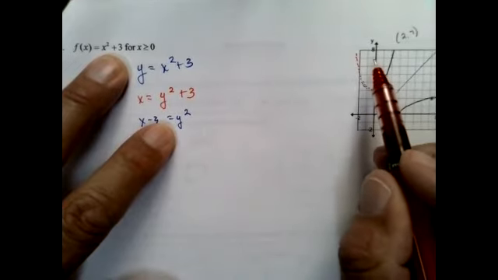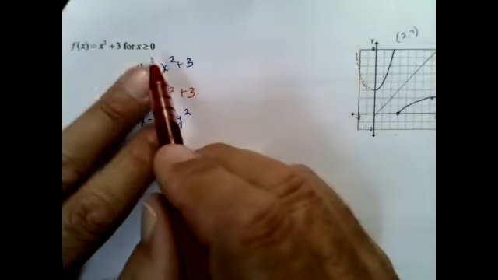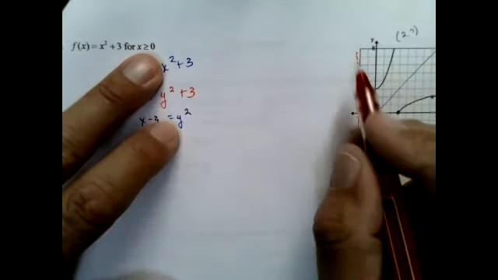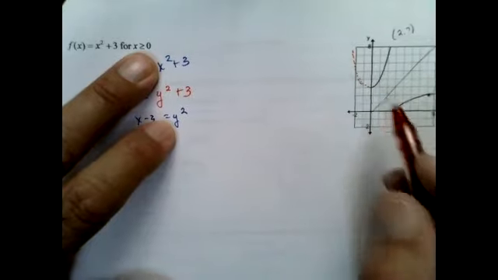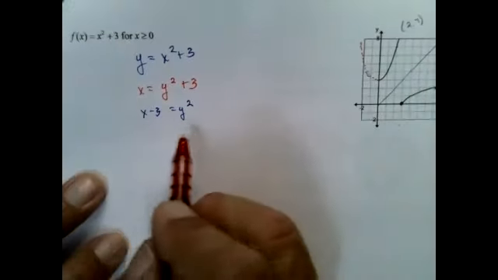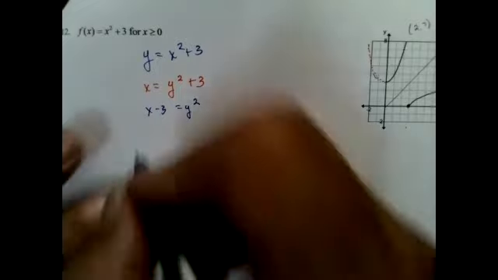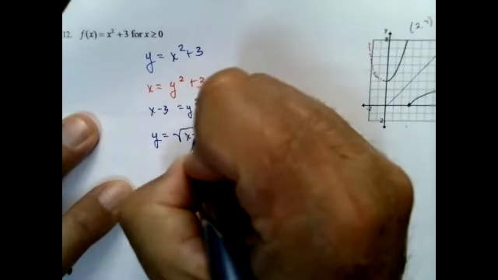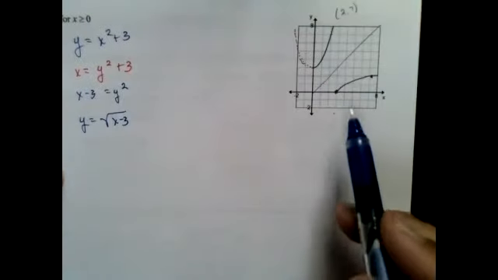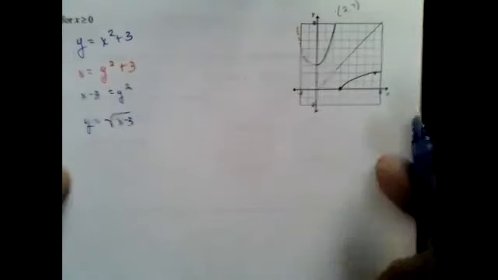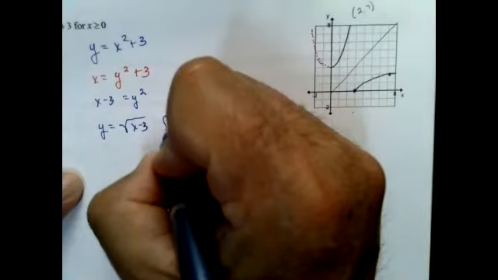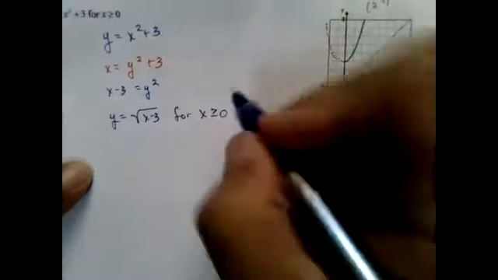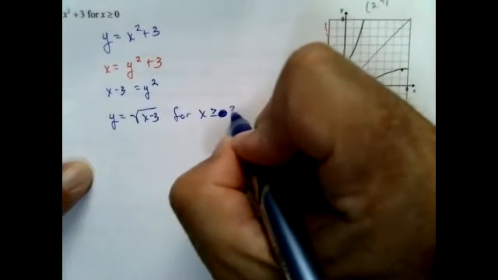It's not going to be 1 to 1. So what I do is say this is only going to be for X greater than 0. So none of this exists. When I take the square root of both sides, I only want the positive square root. And I also know my domain is X greater than or equal to 3.